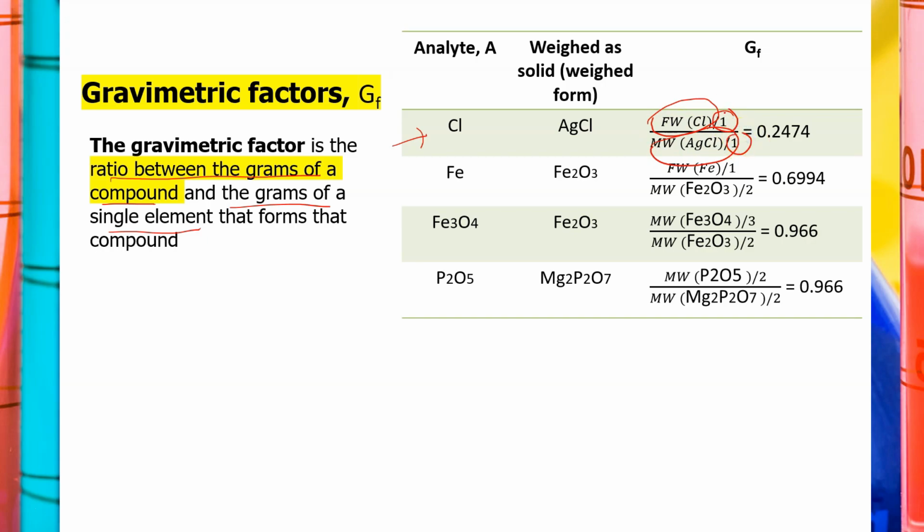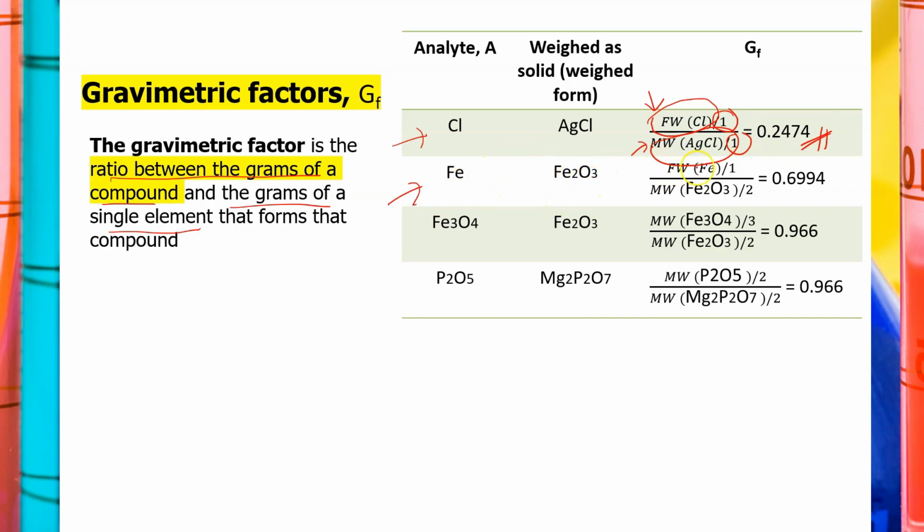How to get 1? 1 means you only have 1 mole of chlorine inside the silver chloride. Then you insert the atomic mass of chlorine and the molecular weight of silver chloride. Then you will get the value of GF. The same applies to the second example, iron in iron oxide.